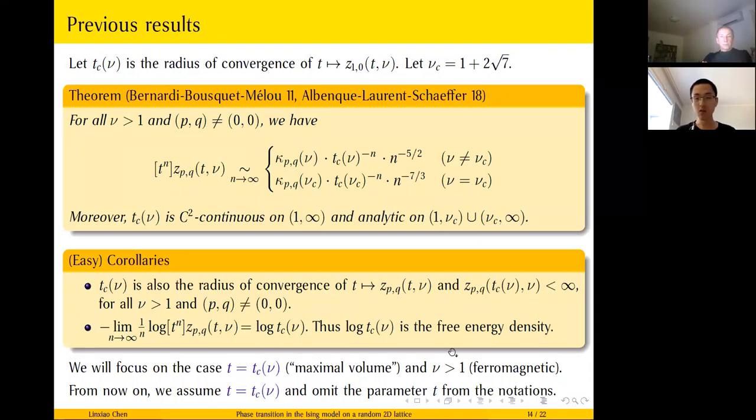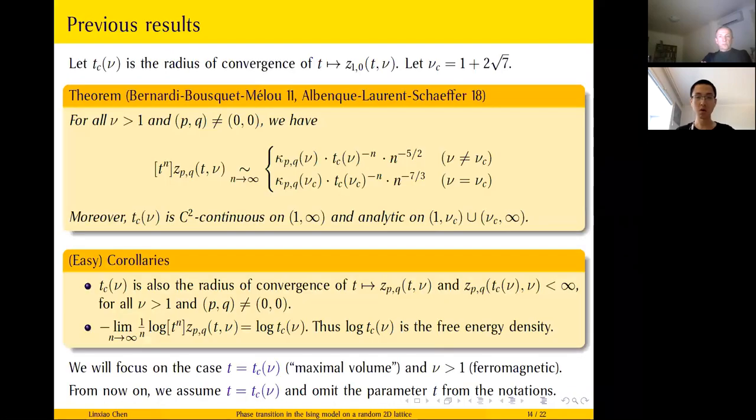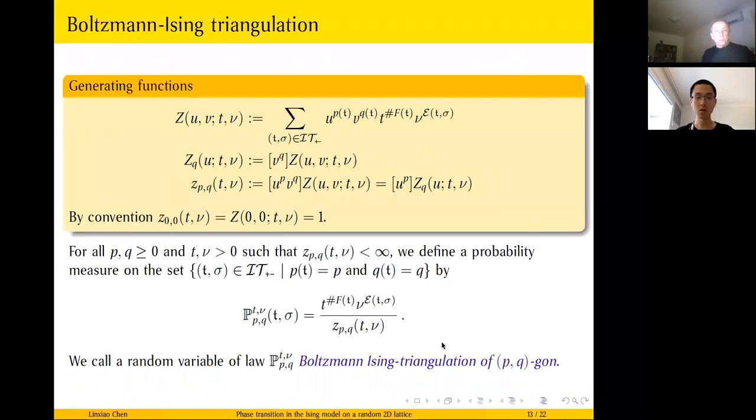And also I'll focus on the ferromagnetic case where the coupling constant is larger than 1. And so for this reason, I will not write parameter t anymore in the rest of the slides. Okay, so I hope the model is clear. So these are the partition functions again.